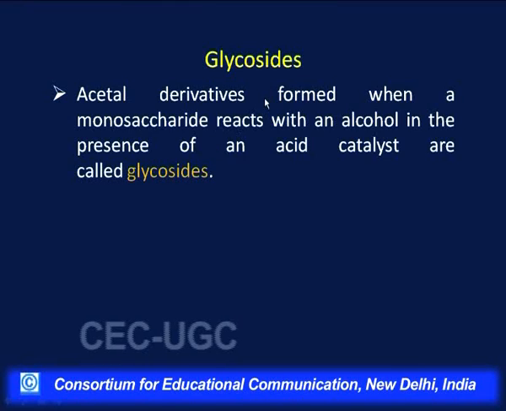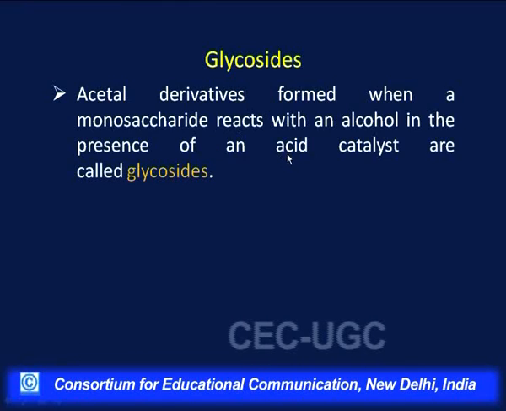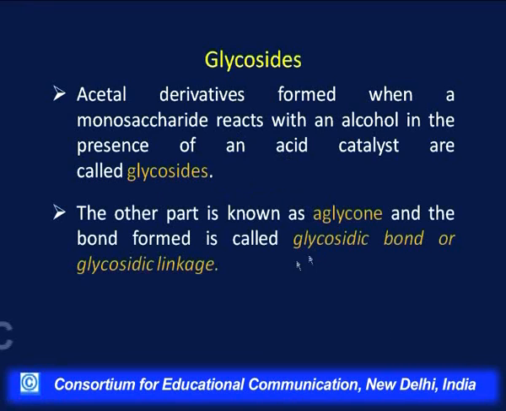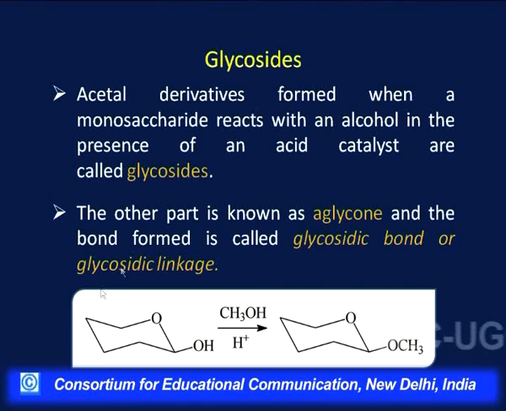We have discussed that glycosides are the compounds which are obtained by reaction of these monosaccharides with alcohols. Now, the sugar part forms the glycoside and the other alcoholic part is called aglycone, and the linkage is called glycosidic linkage or glycosidic bond. We represent it like this.